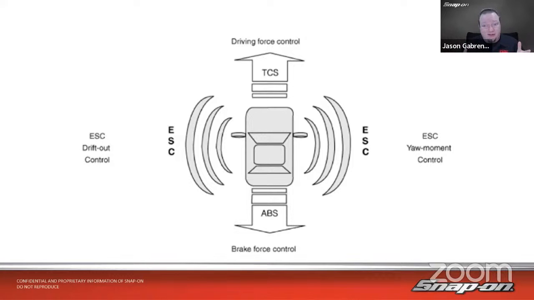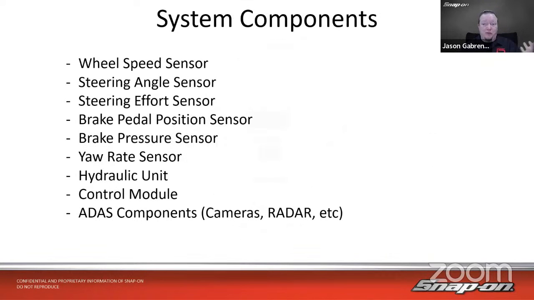If it needs to just tap the right rear a little bit to bring it back in line, it can do that now. So they're a lot more complex. There's a lot more things driving the brakes, and a lot more things that the brakes are used for on the vehicle.